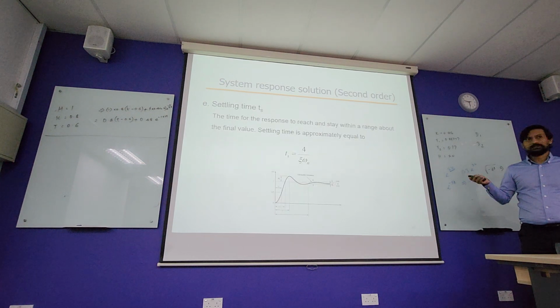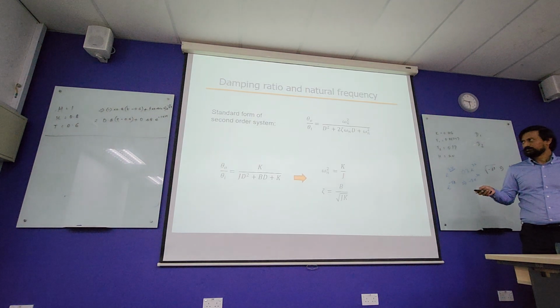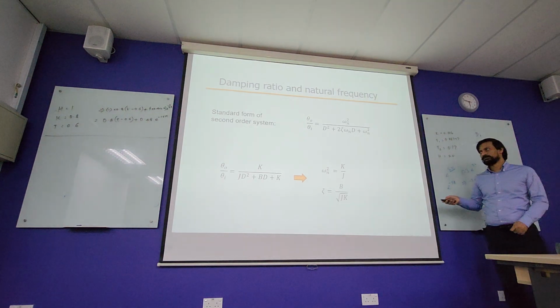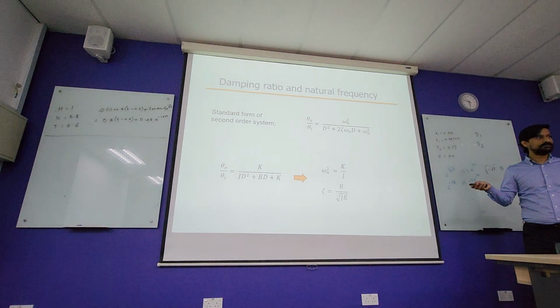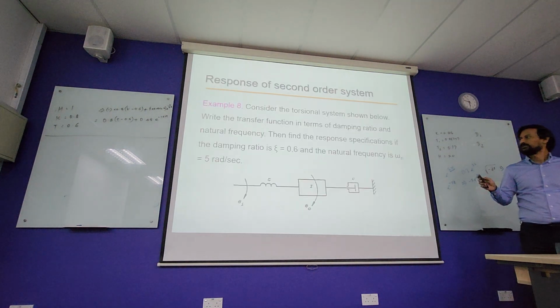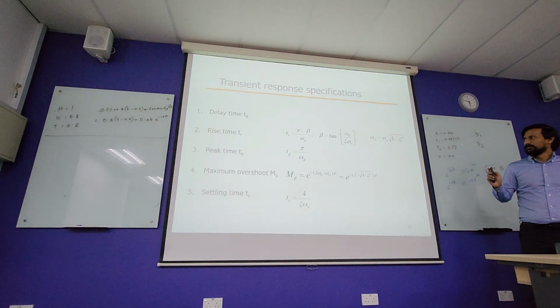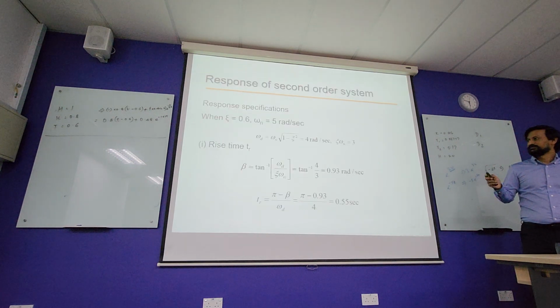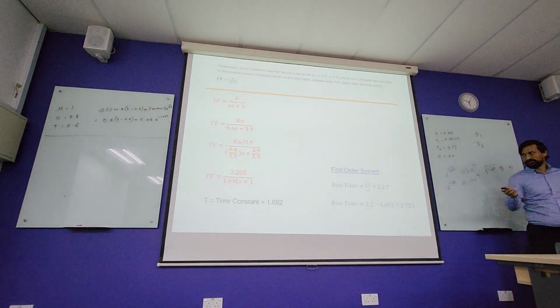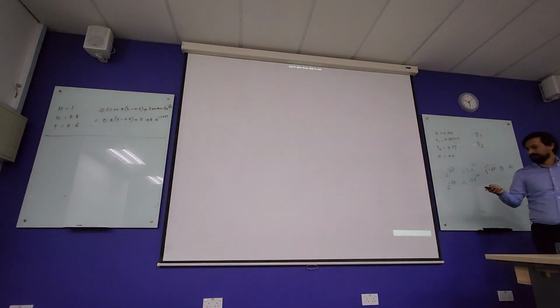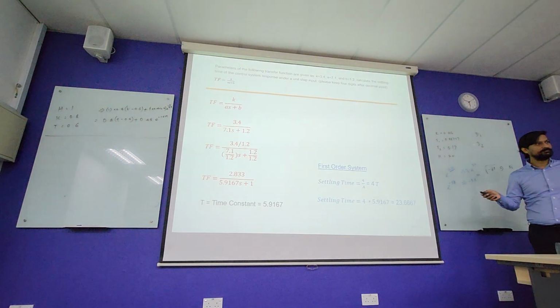For second order, you can see the formulas over here, which might not be asked on the midterm, but you can keep them for the future final exam. This is just to calculate the times, and is not really needed at this moment, but I have all the values here.